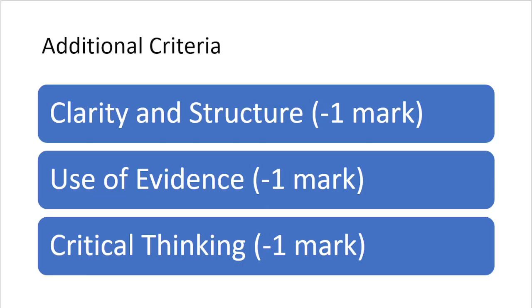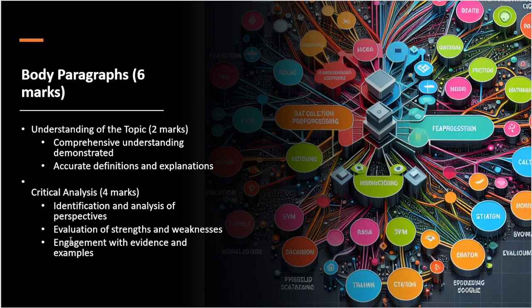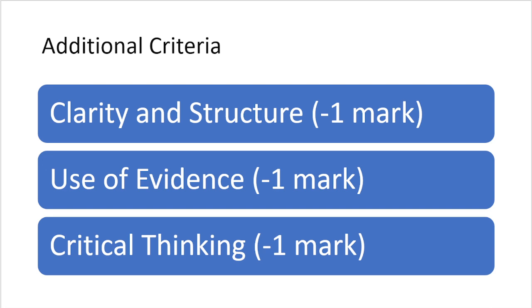An additional criterion here is that I would also look for clarity and structure. These are bonus marks. Okay, if you lost your marks in the critical analysis section, I will reassess it and see whether there is clarity and structure in your essay organization.